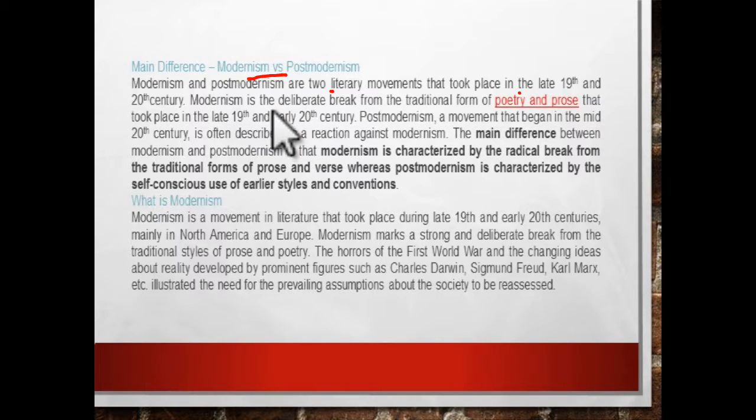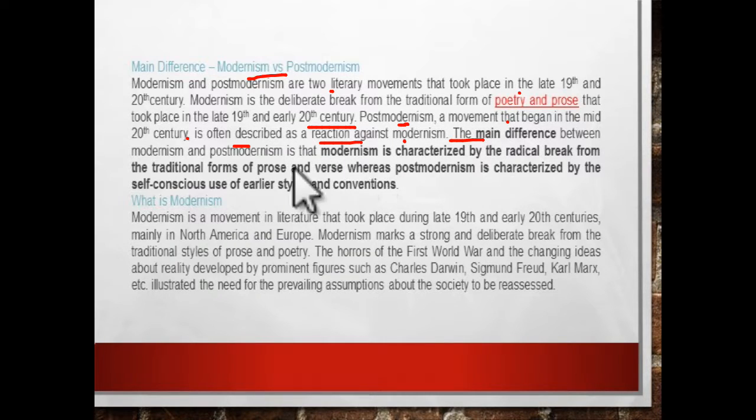Modernism is the deliberate break from the traditional forms of poetry and prose that took place in the 19th and early 20th century. Postmodernism is a movement that began in the mid 20th century and is described as a reaction against modernism.